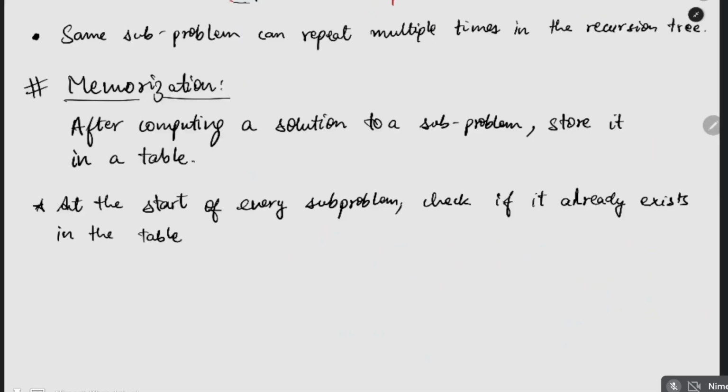And if it does exist in the table, then it's a constant time table lookup of the entire solution of the subproblem. So we'll have to calculate the solution of this problem only once, and all the other times it's a constant time lookup.